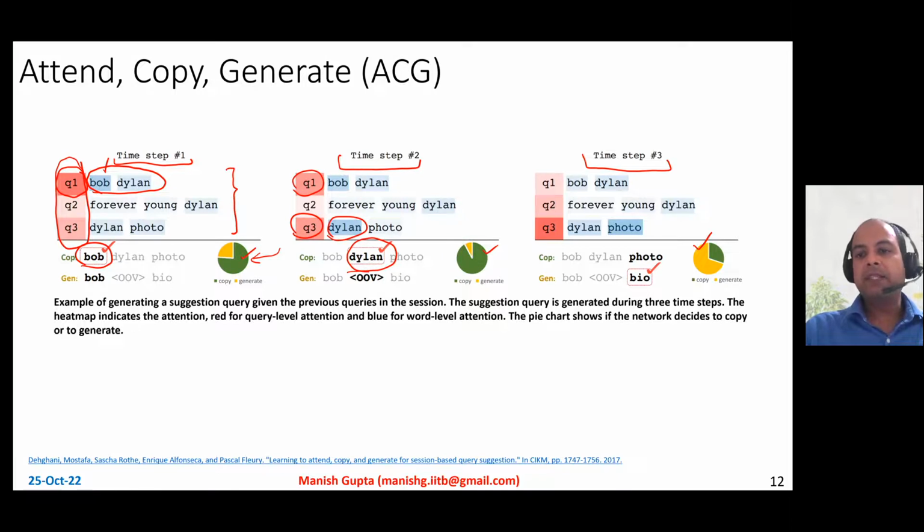And at the third timestamp, it says, no, don't copy, generate something new. And then it decides to generate the word bio. Overall, this leads to a new query, Bob Dylan bio, which is the query that the user actually put up in this particular session as the fourth query.